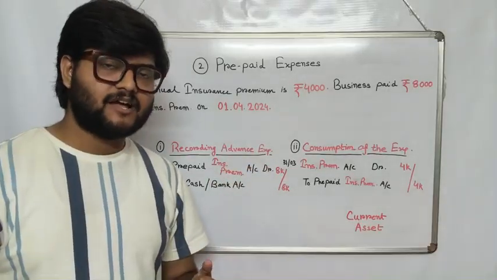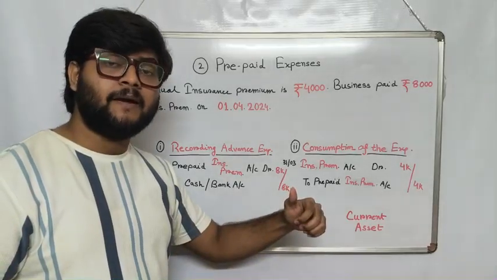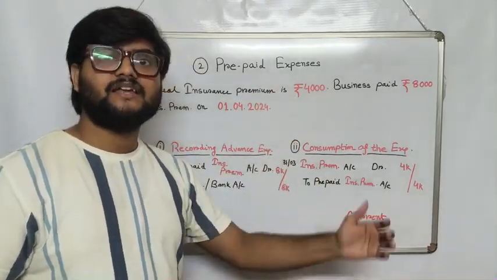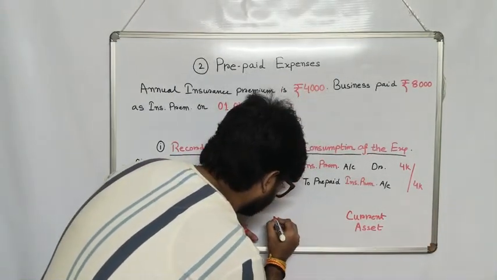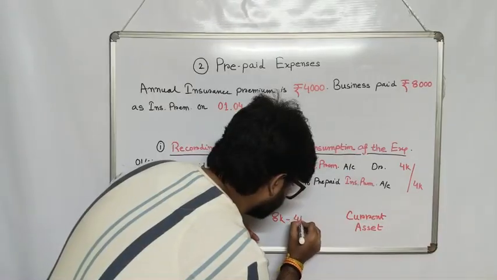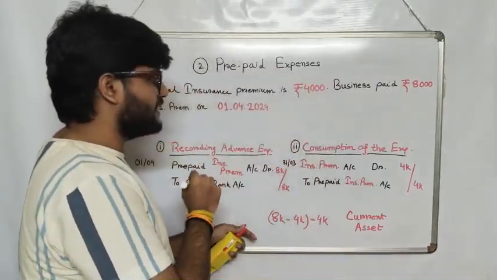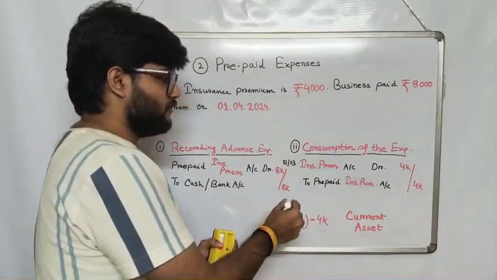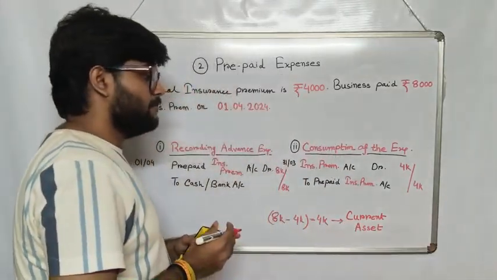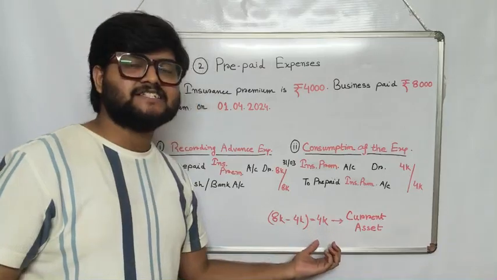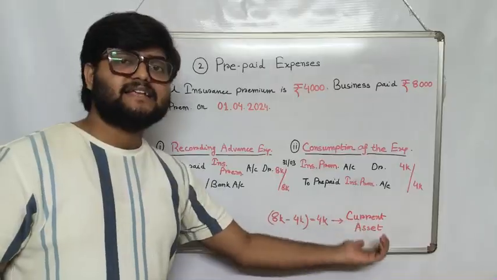That is the advance that we have paid. The benefits from the advance that we have paid will be consumed in the next accounting period. So that 4,000 rupees, that is 8,000 minus 4,000, this 4,000 of advance insurance premium paid will move to the current asset side, because the benefits from this 4,000 will be incurred in the next accounting period.